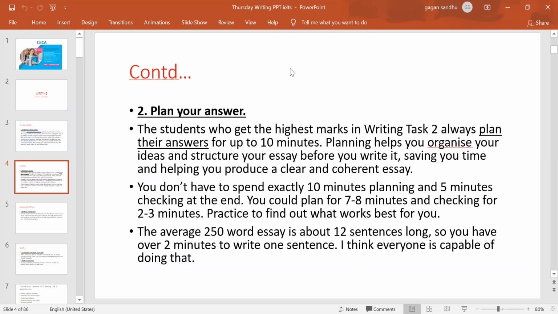So that's completely fine, right? We just have to take out that time to check our work for any spelling errors, grammatical errors, missing words, sentence formation errors, so that we're not losing marks on those parameters, right? So this is how you will be planning your essay. And yes, 30 minutes are more than enough to write 250 words on average.